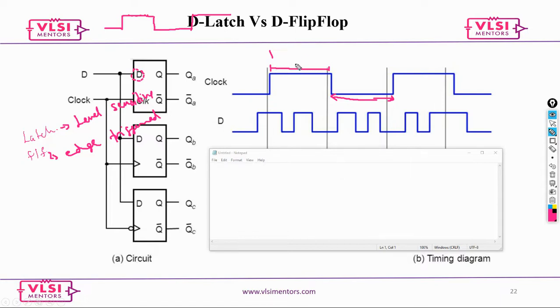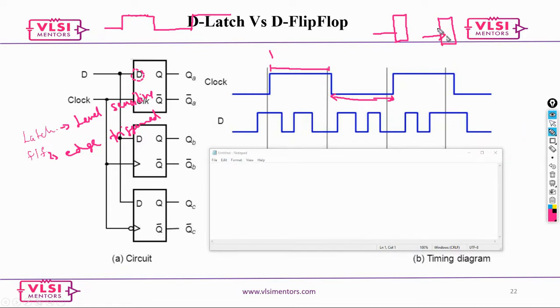Now, if you look at the way we draw the latch, sometimes people might get confused, but ideally speaking, your latch will not have the triangle, that edge triggered kind of symbol. You need to be very careful. This particular triangle that I am showing here usually will not be there in the latch.